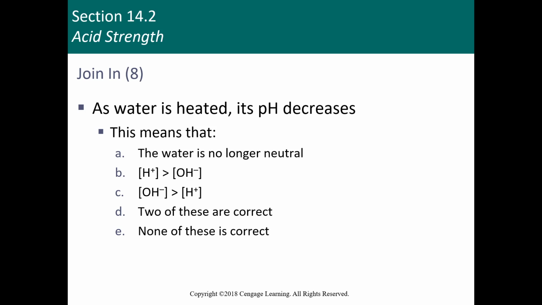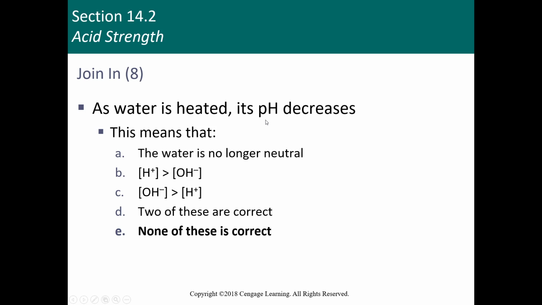This means that, well, none of these are correct, are they? This is the water is no longer neutral. Well, if the water is neutral, it's neutral. That doesn't mean anything, that the water is heating, its pH decreases. pH is just a concentration of H plus.